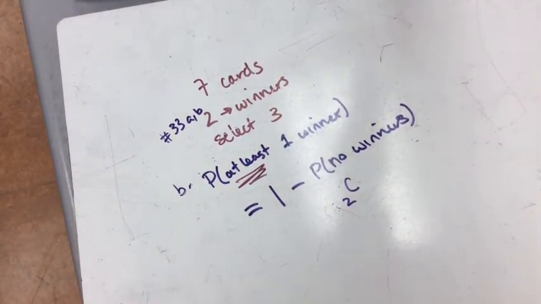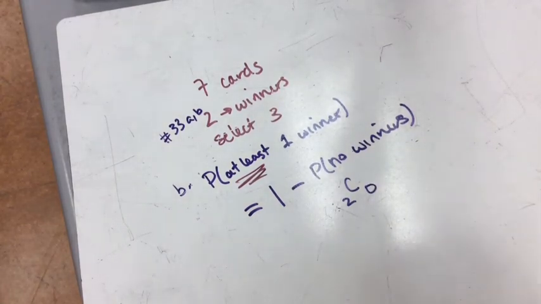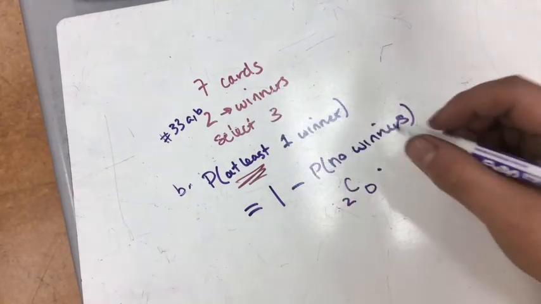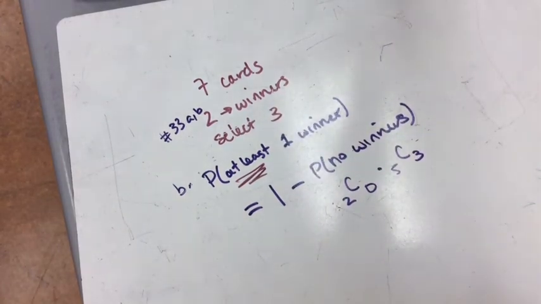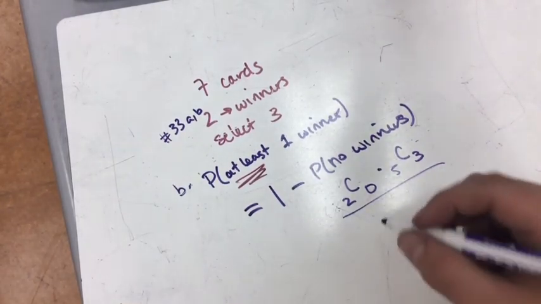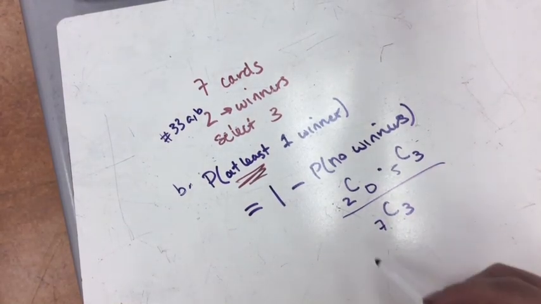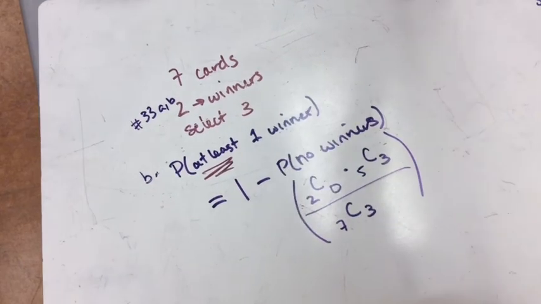And if we want the probability of none of them being chosen, we're going to say 2 choose 0, times how many of the losing cards do we want selected? Well, there's 5 of them, and we want to choose 3 of them. We still need to divide this by the entire sample space, which is still going to be 7 choose 3, and then this will give us the probability of no winners.